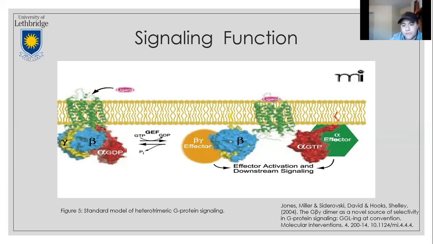So what happens is that the receptor kinase will phosphorylate the cytosolic portion of the activated receptor, and once the receptor has been phosphorylated, it will bind with high affinity to the arrestin protein, which will inactivate the receptor by preventing the interaction with the G proteins.